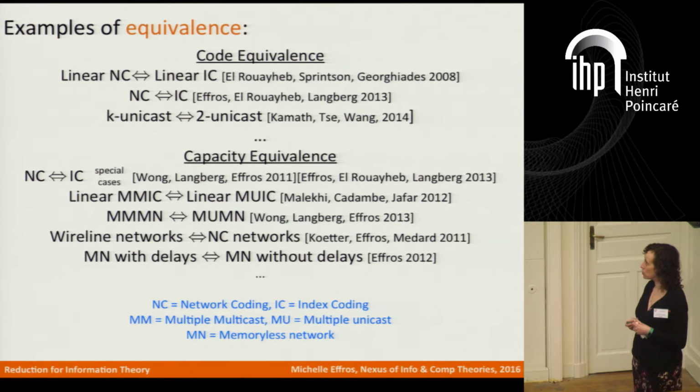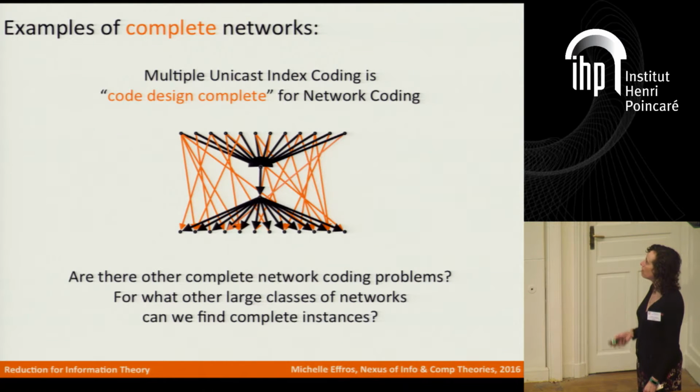But this slide is just to show that we're starting to uncover some very interesting relationships between different problems. So, for example, you need not study k unicast problems if you're interested in code design. It's enough to study 2 unicast problems, and so on. So you can derive all kinds of interesting relationships that help you reduce the space of problems that you need to study down to smaller classes whose solutions would give you solutions to everything.